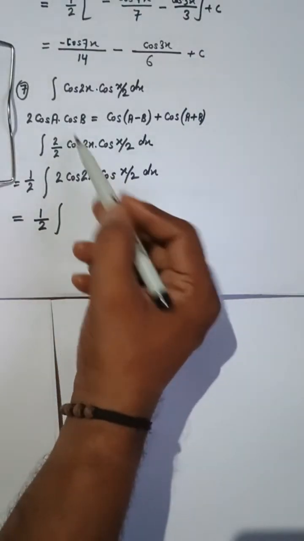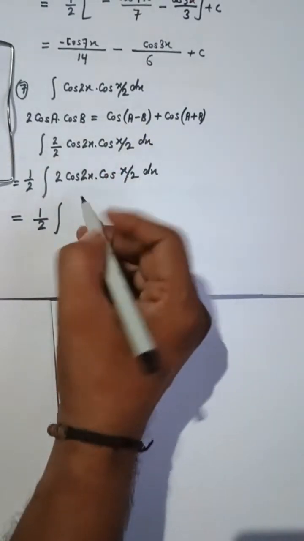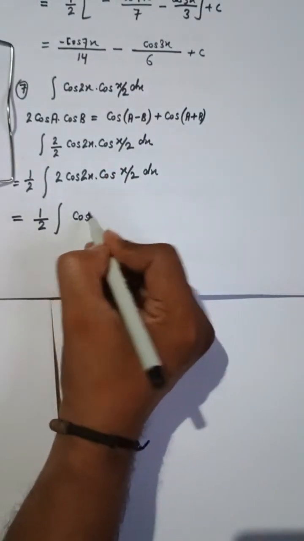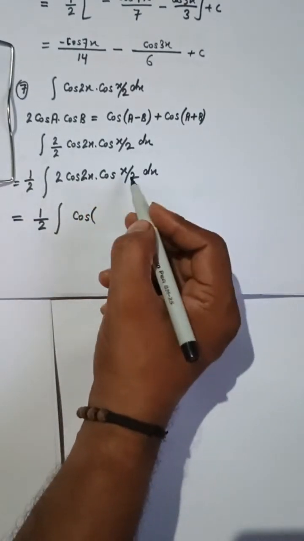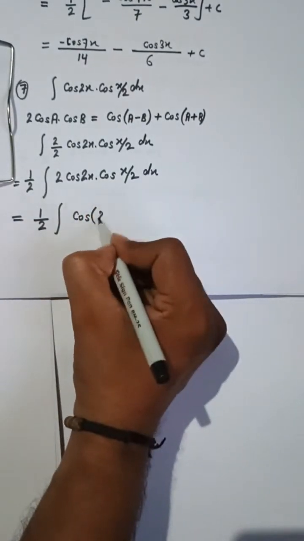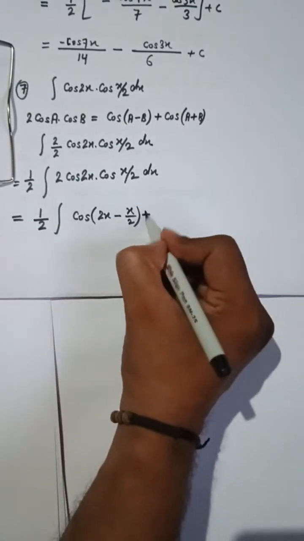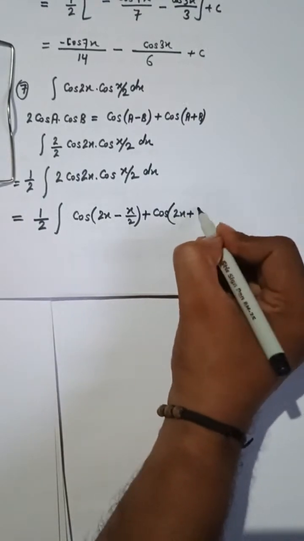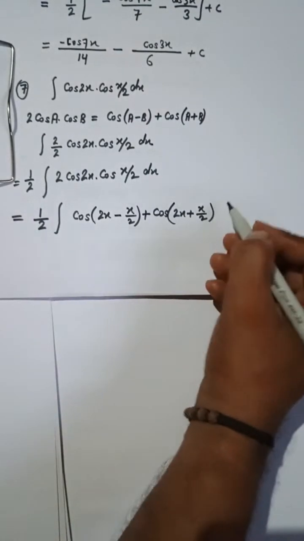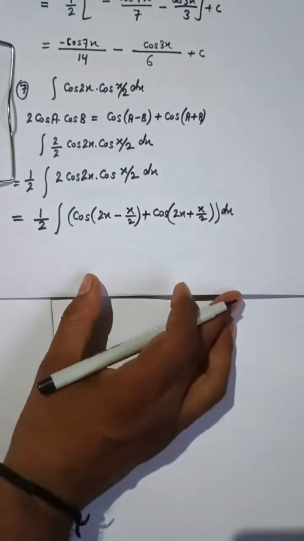So instead of a we have 2x and instead of b we have x by 2. So we are going to use this formula, cos a minus b. A is 2x because 2x is more than x by 2. So I am writing here 2x minus x by 2, then plus cos 2x plus x by 2, and then dx.